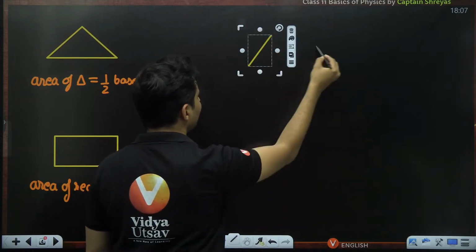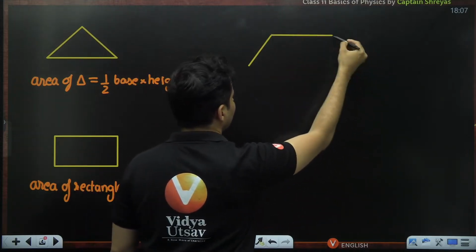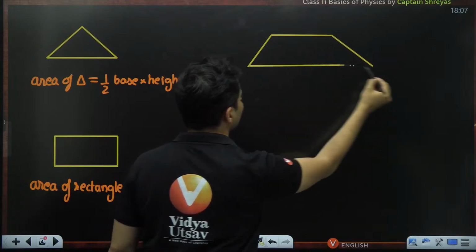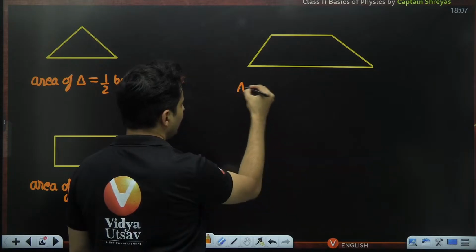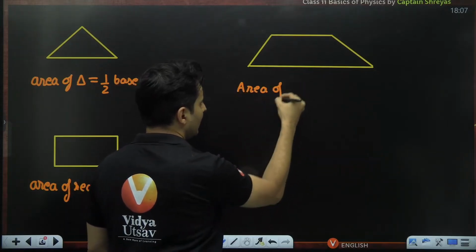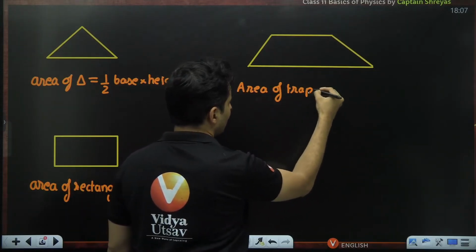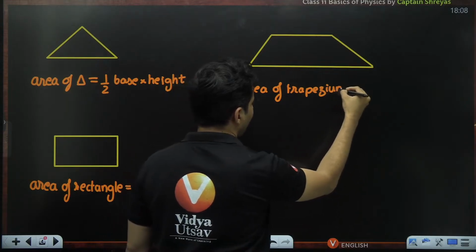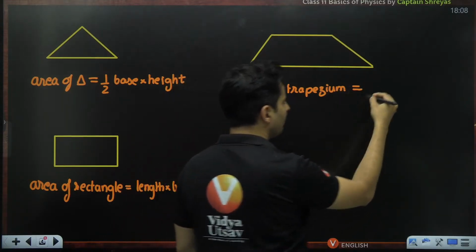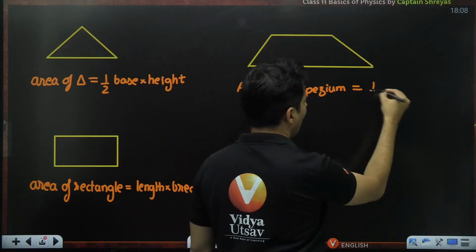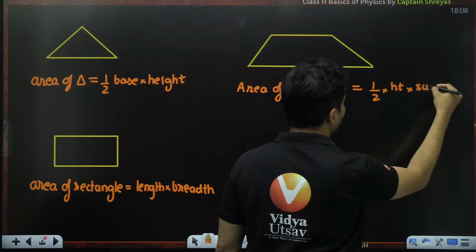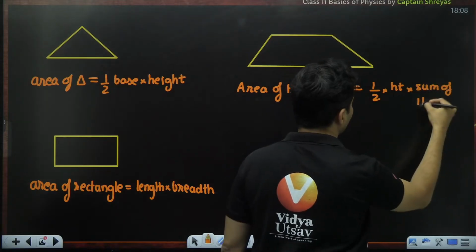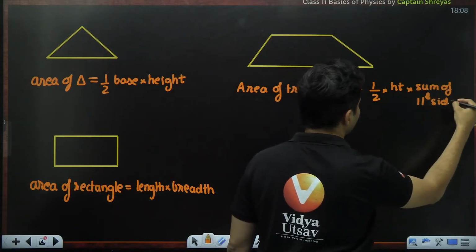If it is a trapezium with two parallel sides, then the area of a trapezium is nothing but half multiplied by the height multiplied by the sum of the parallel sides.